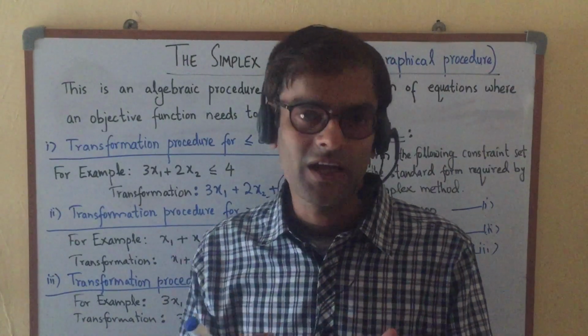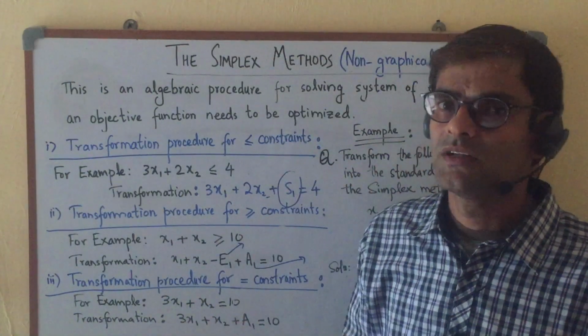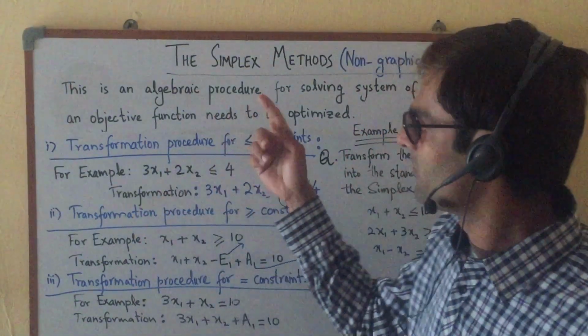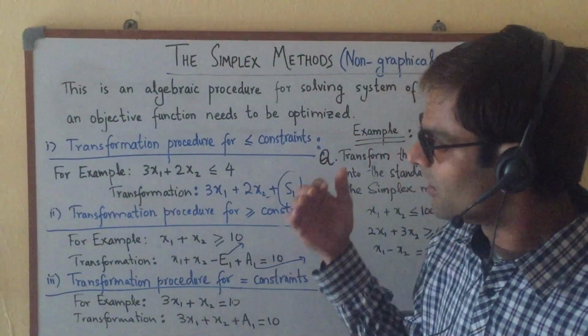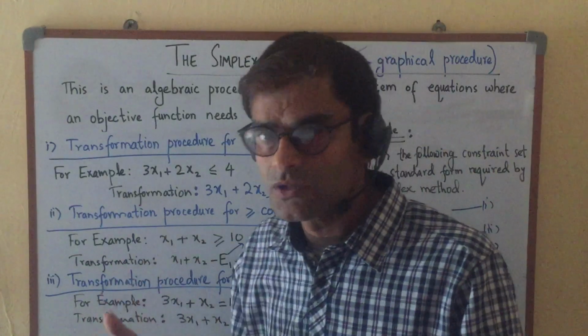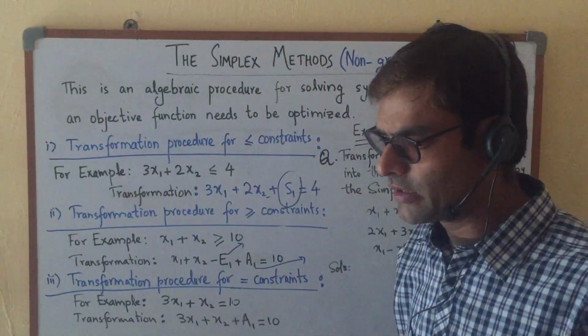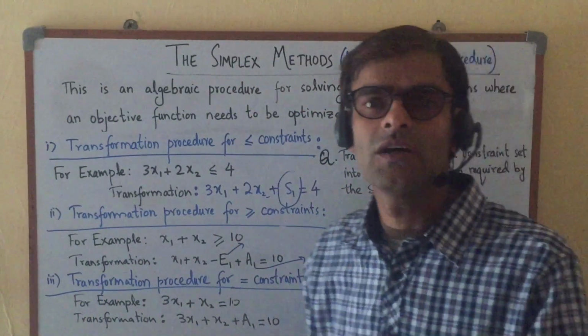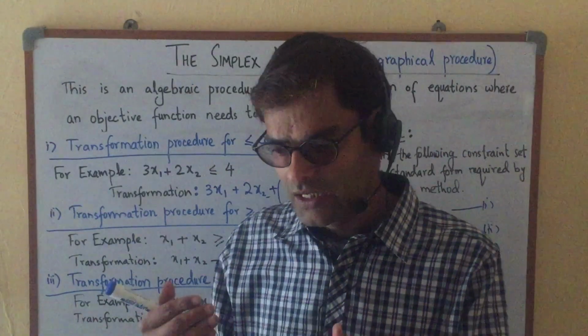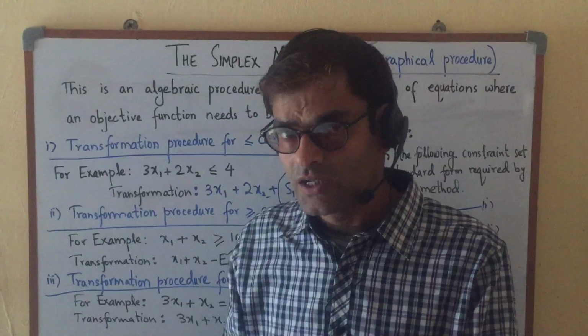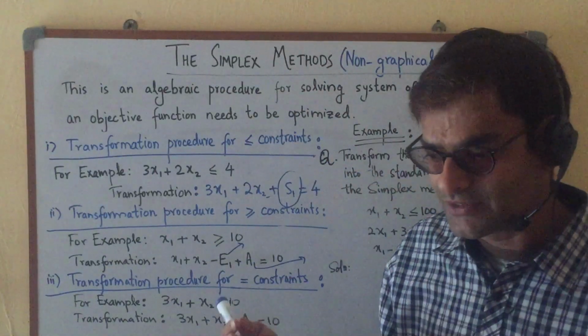So now there is a way to overcome this problem. Who can overcome this problem? This method, the simplex method. As we learned in previous lectures on linear programming problems, you had a set of constraints.